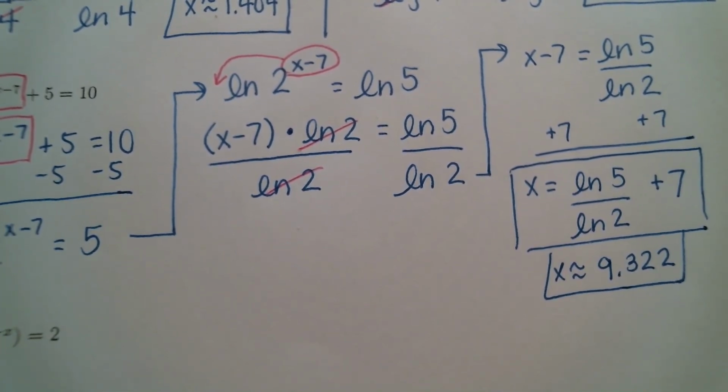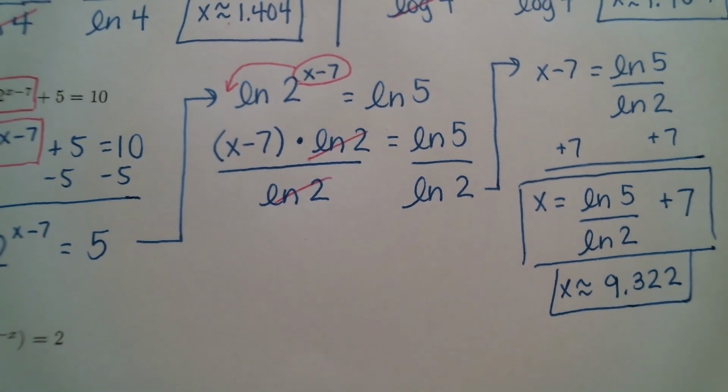It is not incorrect. It just may be a little troublesome if you're trying to get a decimal approximation, you might have to dig for it in your calculator, or maybe you have a calculator that doesn't do it. Pretty much all calculators do natural log and LOG, so that's why we're sticking to those particular logarithms. Okay, let's do the next one.